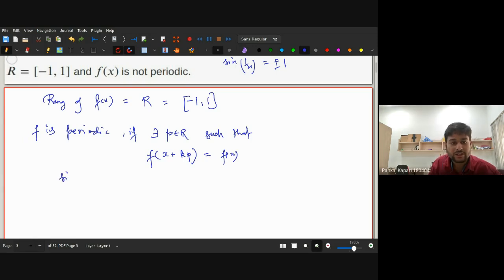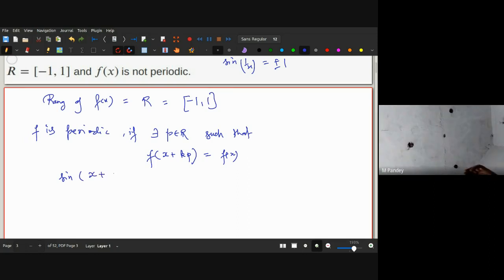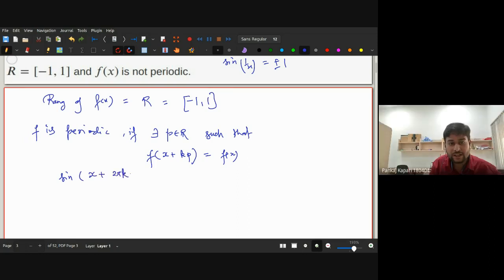Like the sine function is a periodic function, because if you add 2 pi times any integer k, where k belongs to Z, we are taking multiples of the period, this is just sine x. So sine x is a periodic function with period 2 pi.